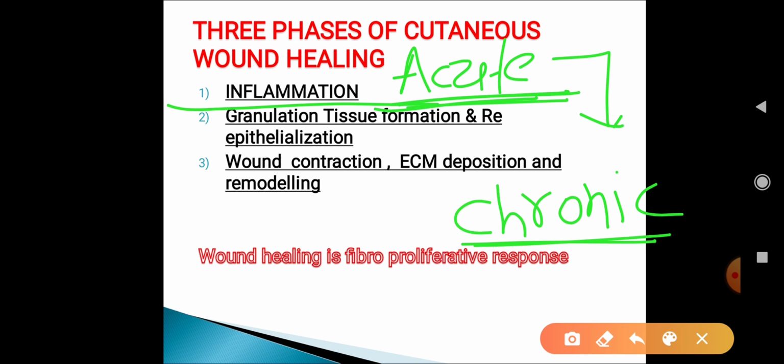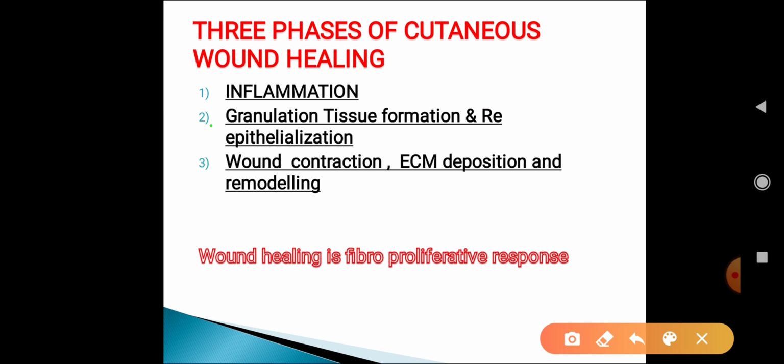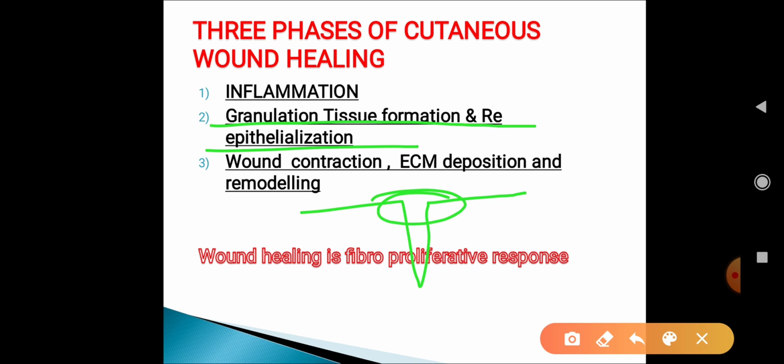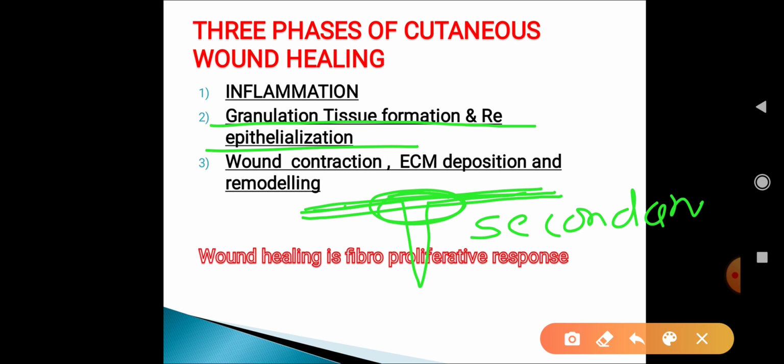Second event is the formation of granulation tissue and reepithelization. Suppose this is your wound, right? Then approximation of this defect is by the process of reepithelization, and the epidermis will be restored. So that is reepithelization. We will understand what is granulation tissue. Usually granulation tissue is more in secondary union, and very less in primary union.